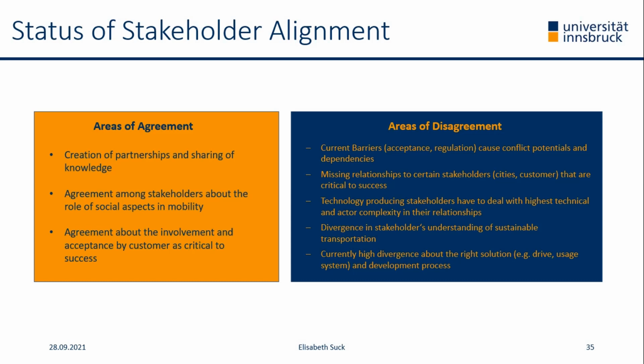Then we have the divergence in stakeholders' understanding of sustainable transportation, as you just saw. So we have no common understanding. We have these two sides where the focus is, but no common way at the moment. And currently we also have a high divergence about the right solution.